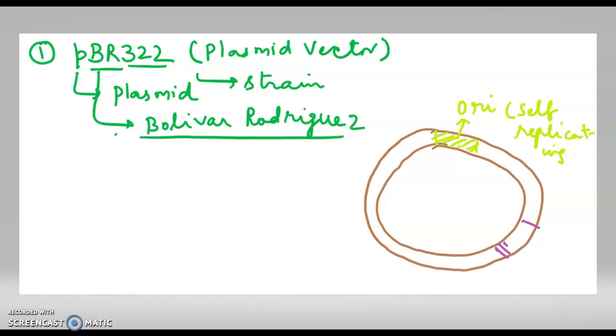There are two types of selectable markers present in pBR322. The first one is the tetracycline resistance gene, and the other is the ampicillin resistance gene. After that, it has a recognition site for EcoRI and another restriction site for BamHI.